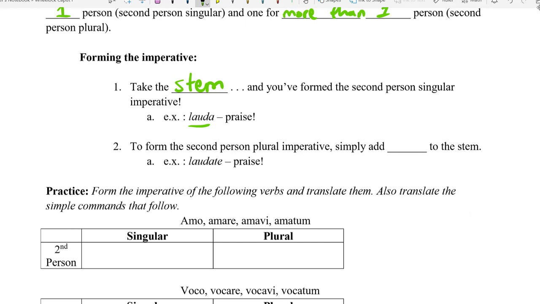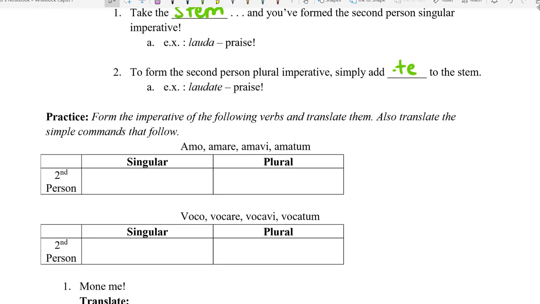But that by itself, lauda, just means praise, right? And then if you want to form the plural command, if you want to command more than one person, all you do is you add a te to the end of your stem. So we had lauda here, and then all we do is we make it laudate to make it commands for more than one person. And that's about it for the imperative.